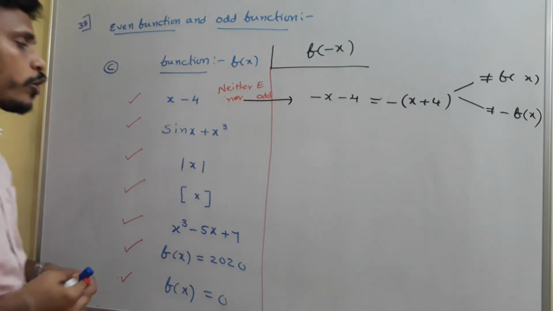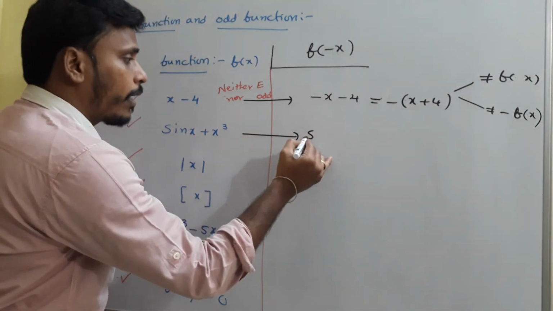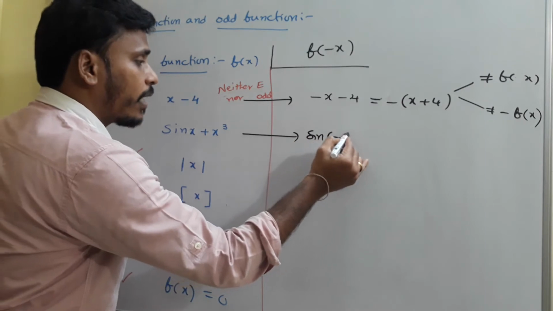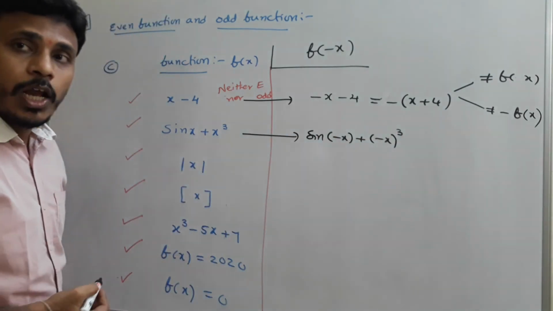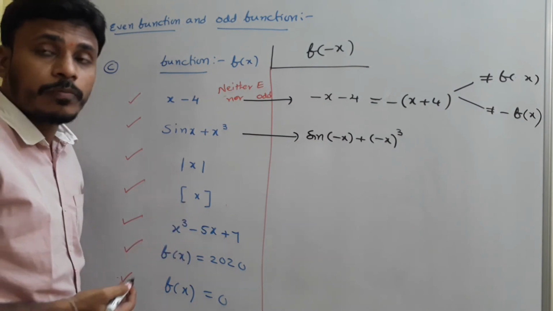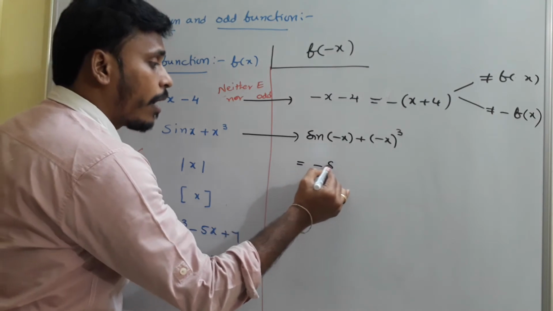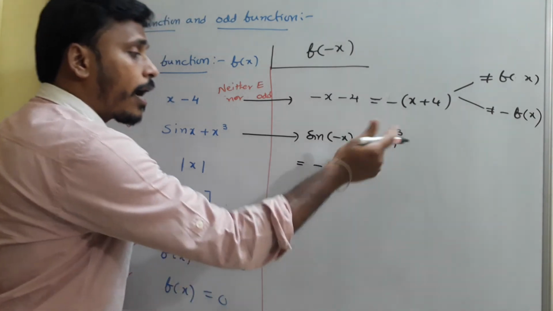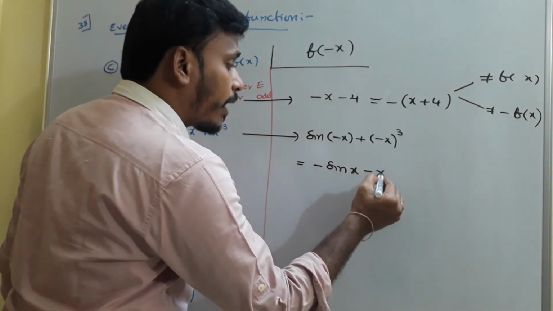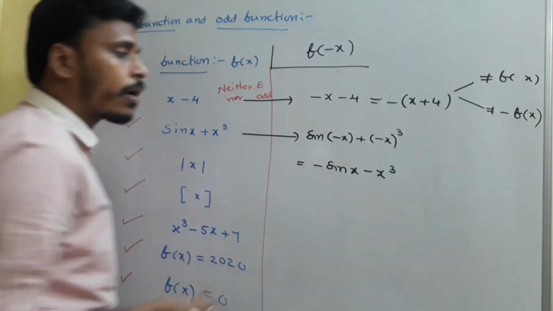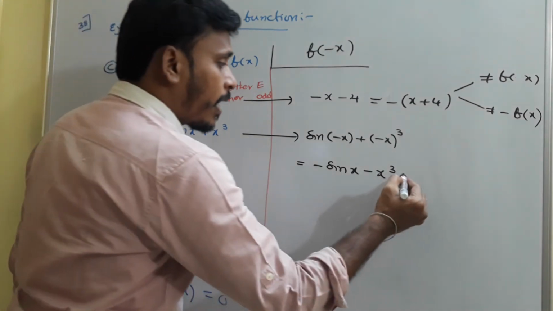In the same way, we need to check all the remaining ones. Suppose you wish to check sin x plus x cube. Replace x with minus x. It becomes sin of minus x plus minus x whole cube. As you know from trigonometry, sin of minus x is minus sin x. And minus x whole cube is nothing but minus x cube, because a minus raised to an odd power gives minus. So we get minus sin x minus x cube.